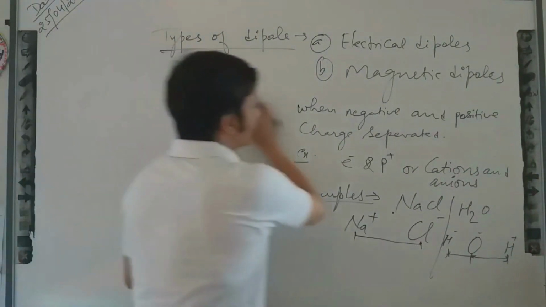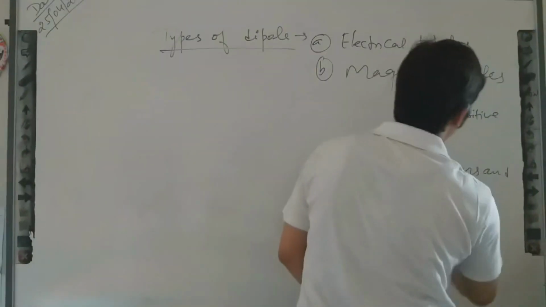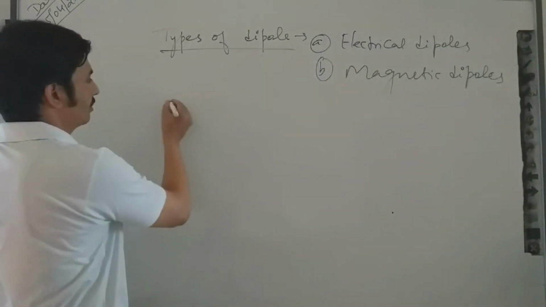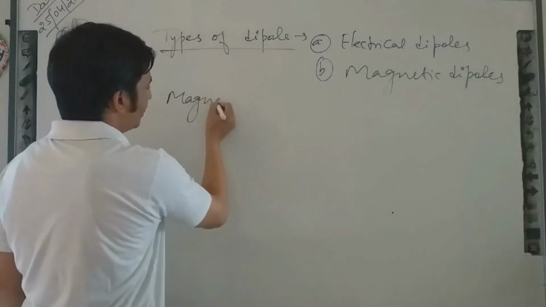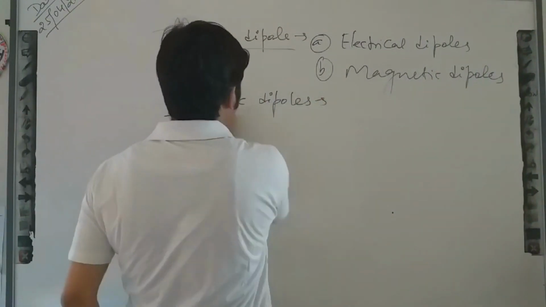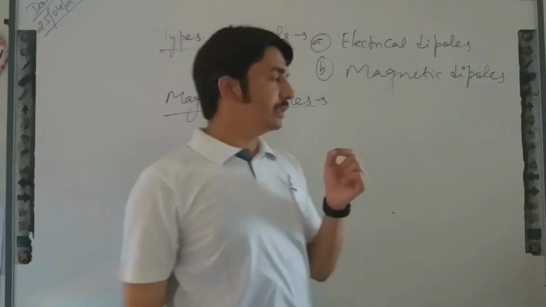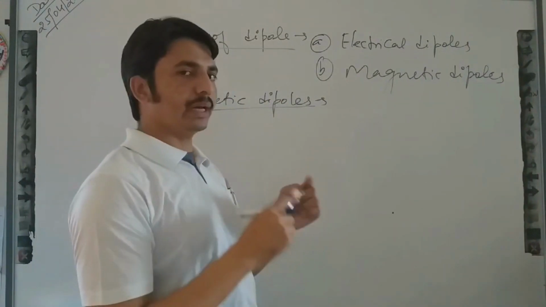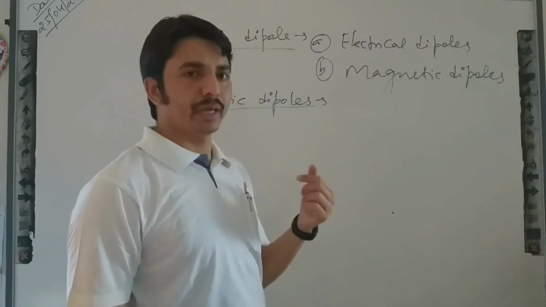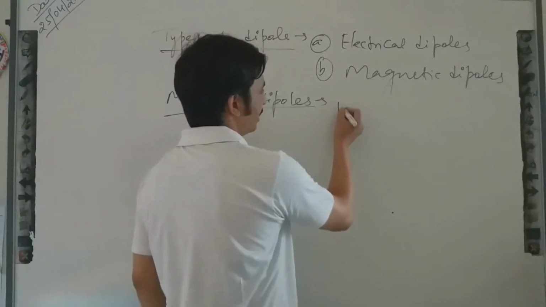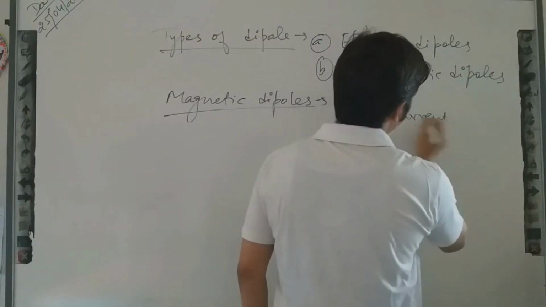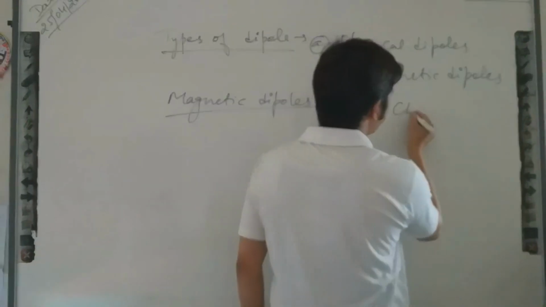Okay. Now next, magnetic dipoles. When current flows through a current carrying loop, that current carrying loop behaves like a magnetic dipole. Instead of current we can write charge.